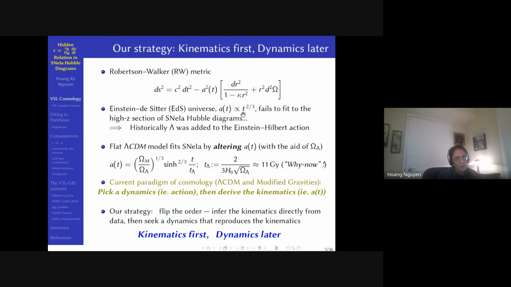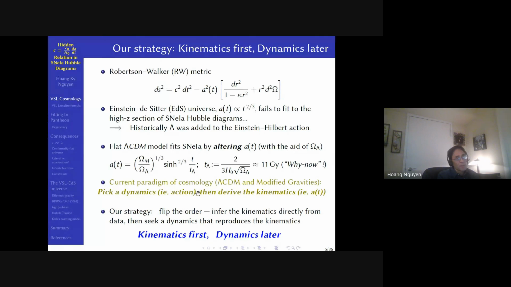So instead of a(t) proportional to t^(2/3), now by adding in omega lambda, which is about 70%, the a(t) will be modified to this form. And you can see that this form contains one preferred time scale, t lambda, which is about 11 billion years, which is quite recent. And so that is the problem we call the why now problem.